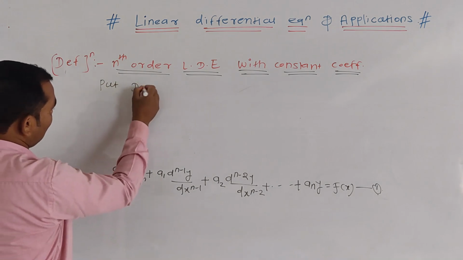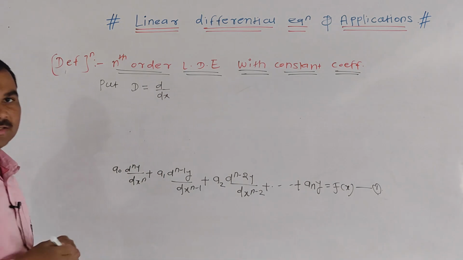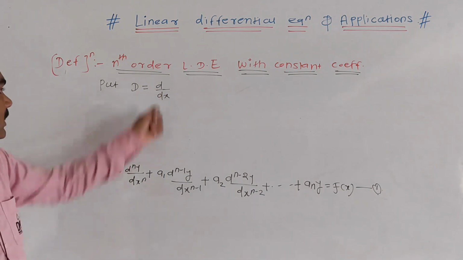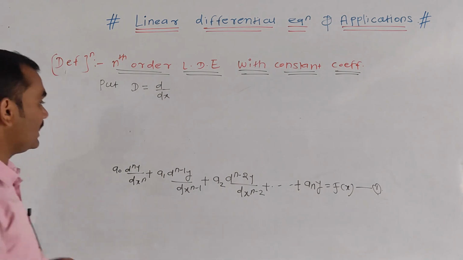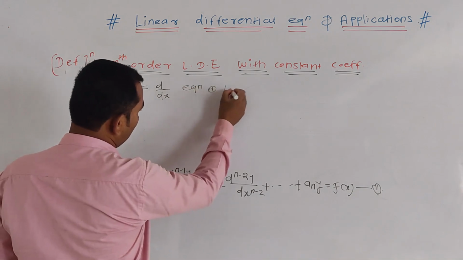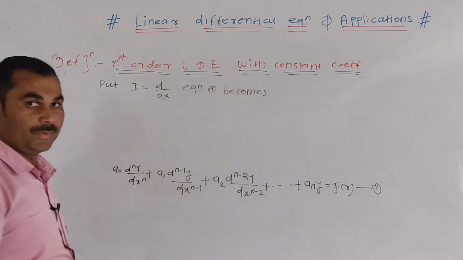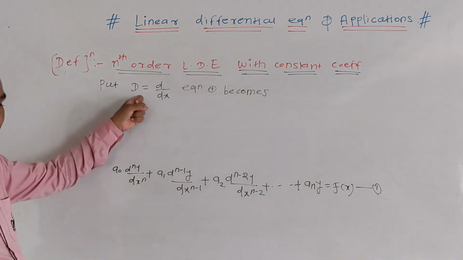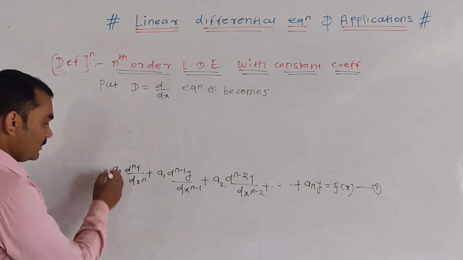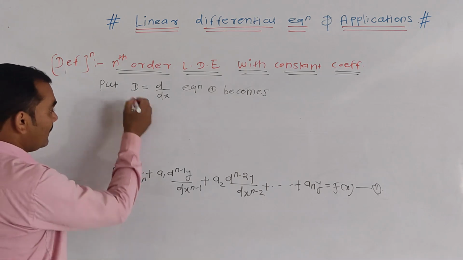Put capital D equal to d by dx, and this capital D is called the differential operator. So what will equation 1 become? Put capital D equal to d by dx in equation first. What will you get? Look here, this is your a0 d by dx, its value is capital D.